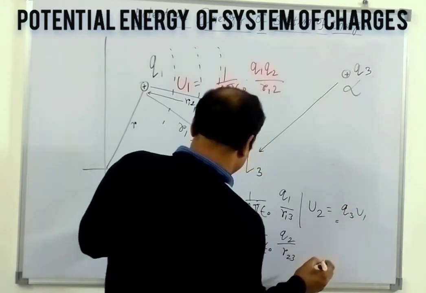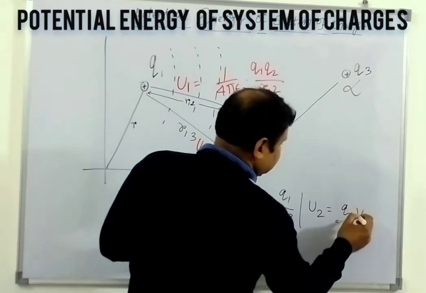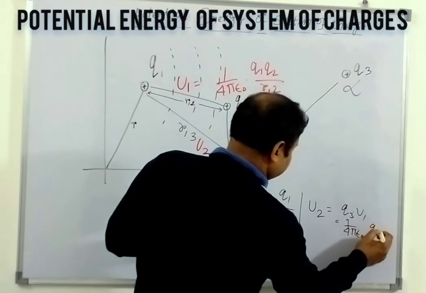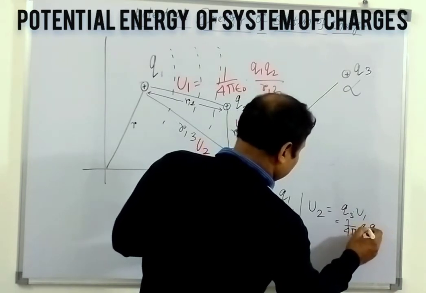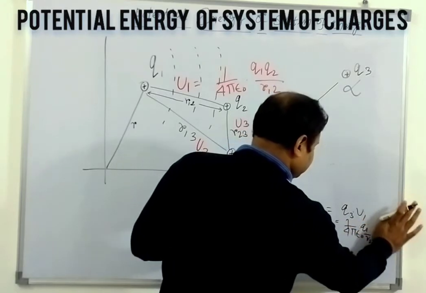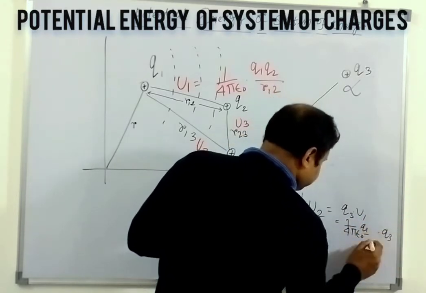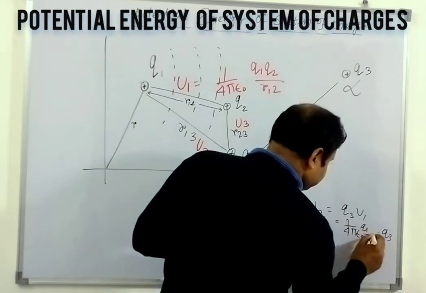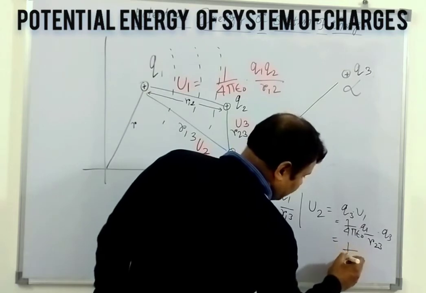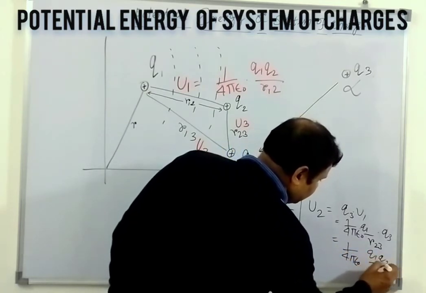This is 1 by 4 pi epsilon naught, Q1 by R23 is the V1, and this is multiplied by Q3. So U2 is 1 by 4 pi epsilon naught, Q1 Q3 over R23.